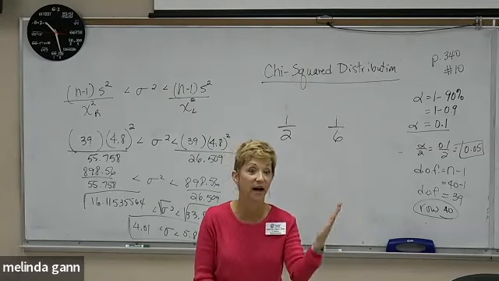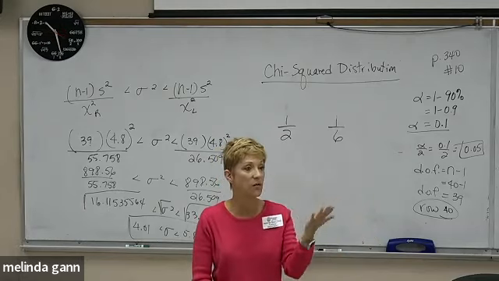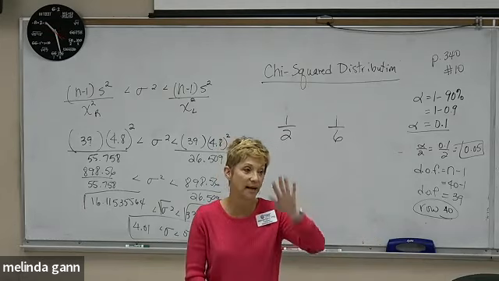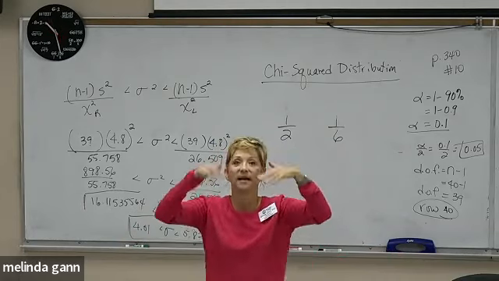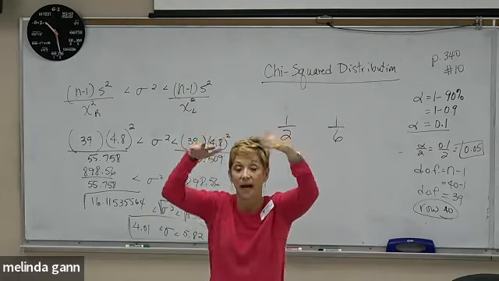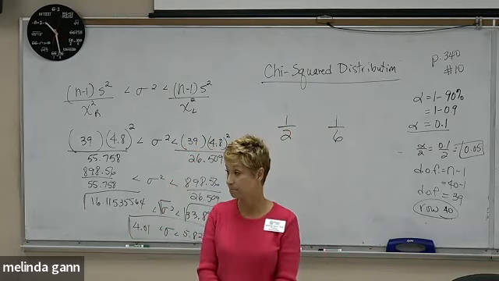The area to the left. So you've got to know, when do I need area to the left and when do I need area to the what? To the right. But luckily for you, the table literally says at the top, you need the area to the what? Right. So hopefully that won't be a problem.